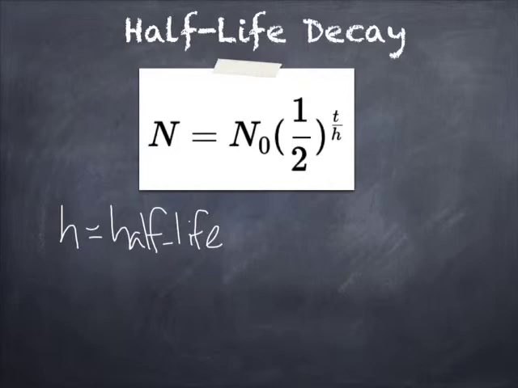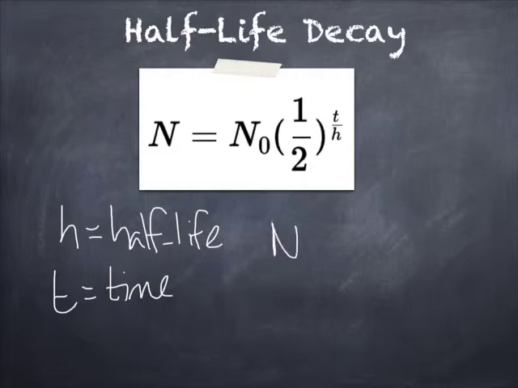There are other isotopes that you would use. Carbon-14 happens to be the most frequent one you do use, but they're usually pretty long half-lives, unless you're talking about something that's quick, but that doesn't happen very often. So H is the half-life, T is time, as always.